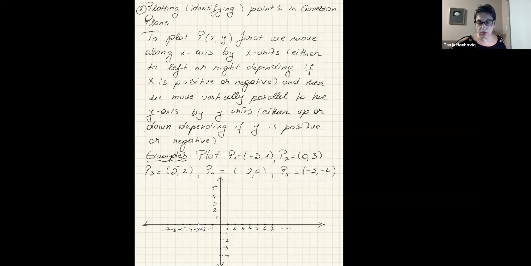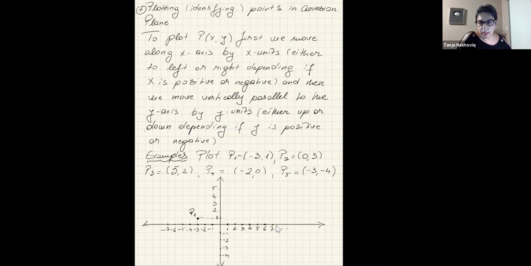So I have to move parallel to the y-axis, vertically, but up, and that is where I locate point P1.